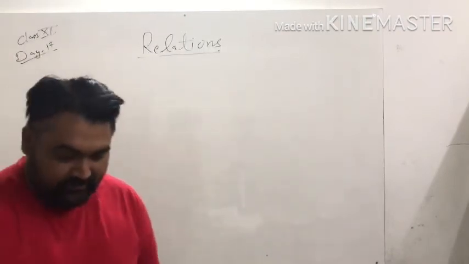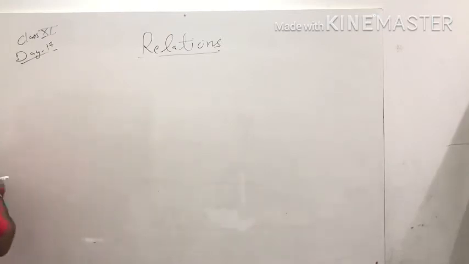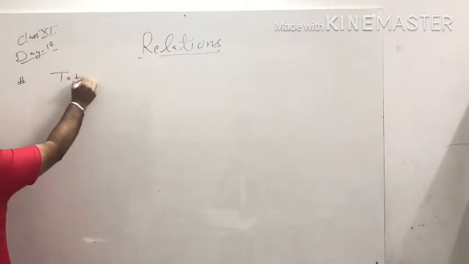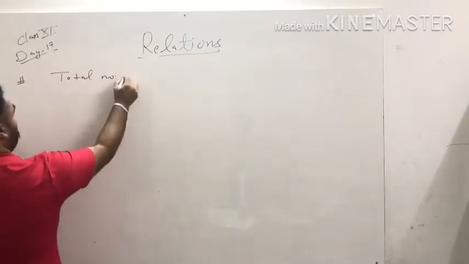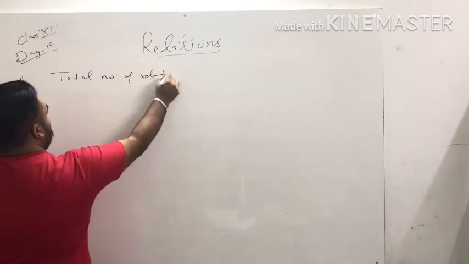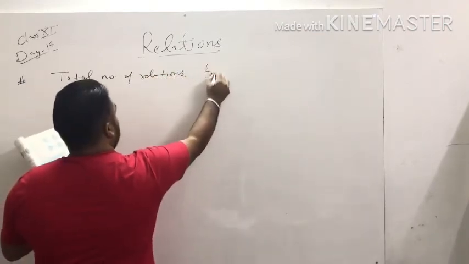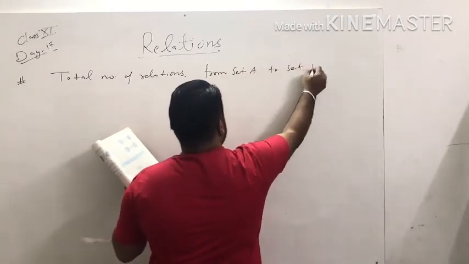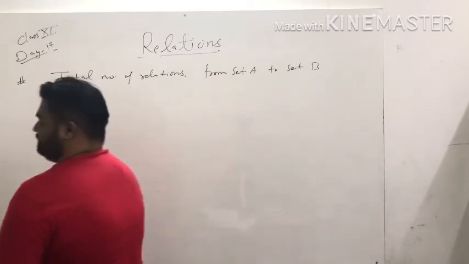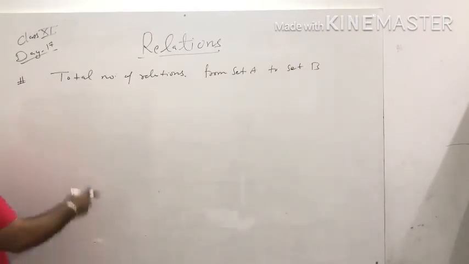The next concept is the total number of relations from set A to set B. What does this mean?